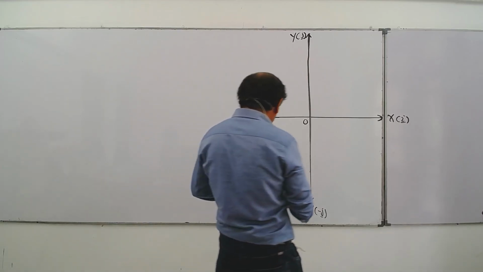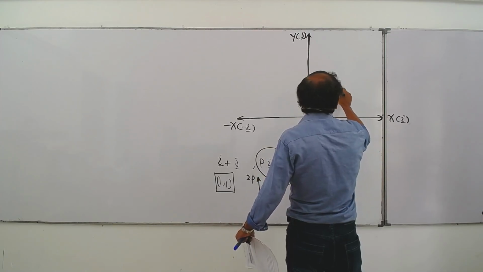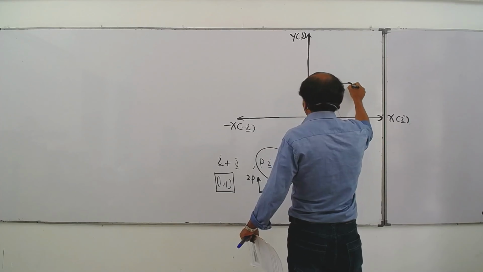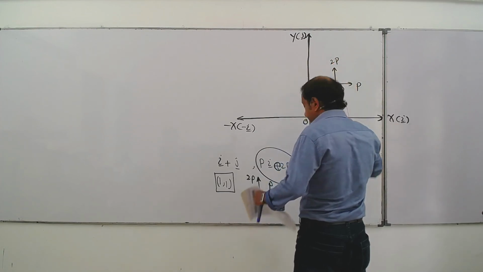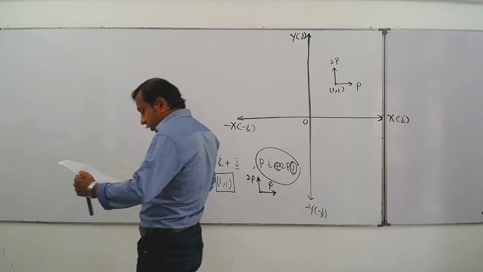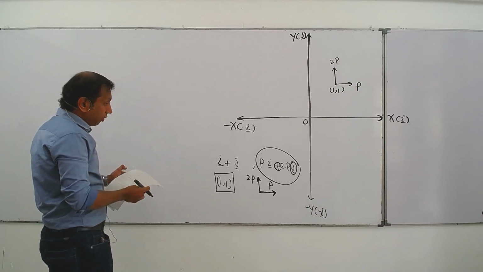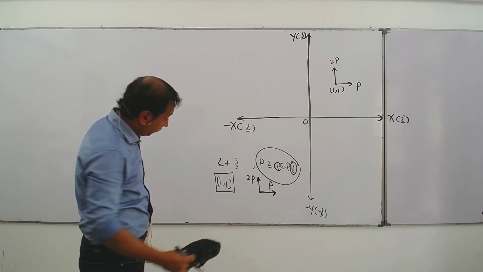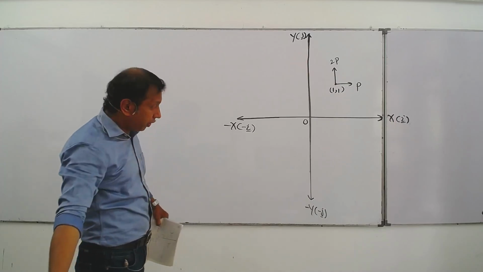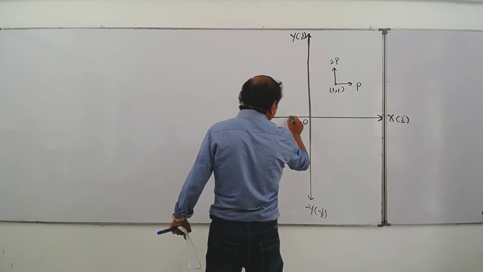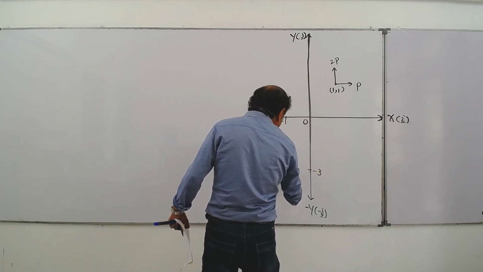Okay, then one point. Here, at the 1 comma 1 point, the force is P, here 2P. Secondly, minus I minus 3J is the point. It is minus 1, minus 3. This is that point.